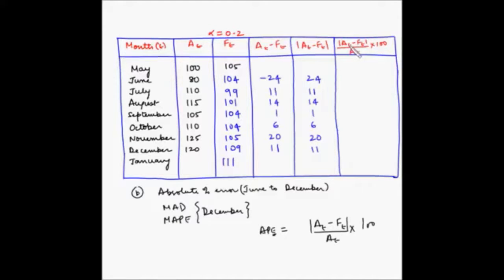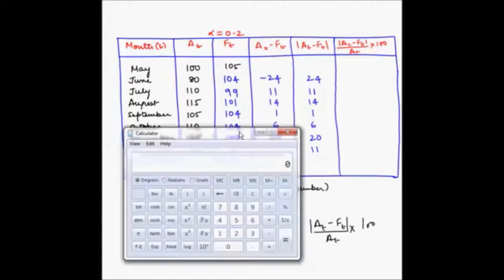Next we have to find out the absolute percent error. So for June this will be 24 divided by the actuals, which is 80, and multiplied by 100. So 24 multiplied by 100 divided by 80, this is 30%.